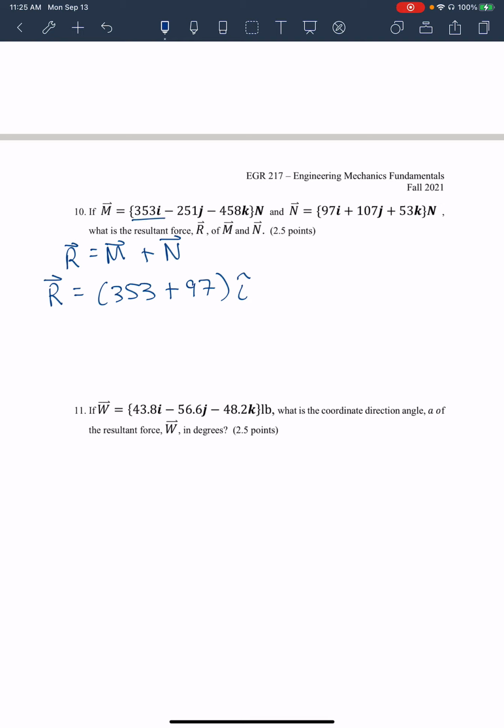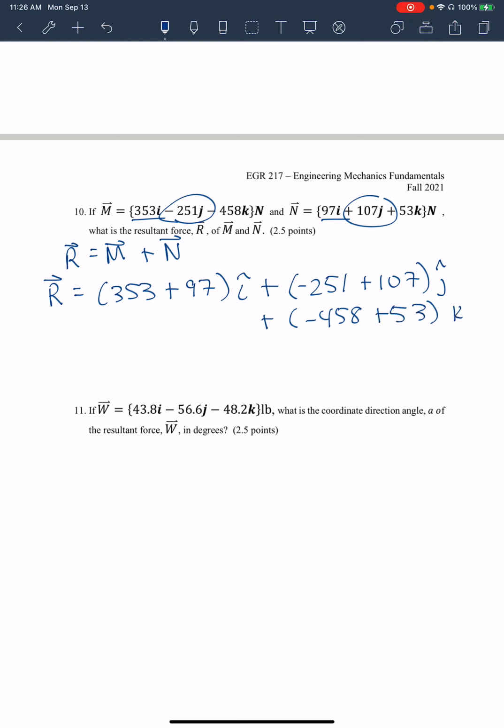I'm just taking off both of these I components. Plus negative 251, so here's the J's, plus 107 in the J direction, and then plus negative 458 plus 53 in the K direction. And that's newtons. So just add those up.